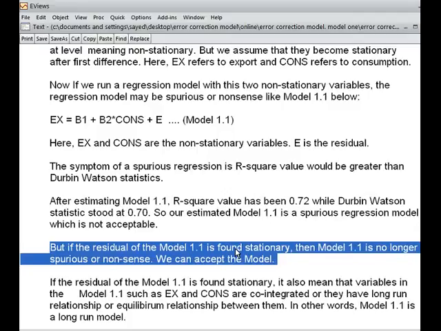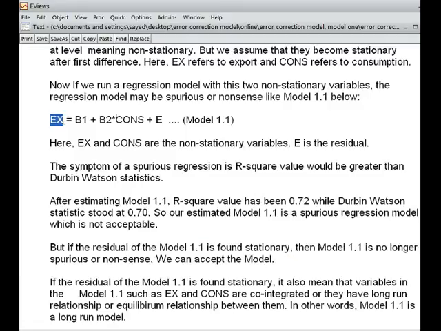Okay, actually here are two conditions. Number one condition, that Ex and cons, these two variables must be non-stationary at level, and they will become stationary after first difference.